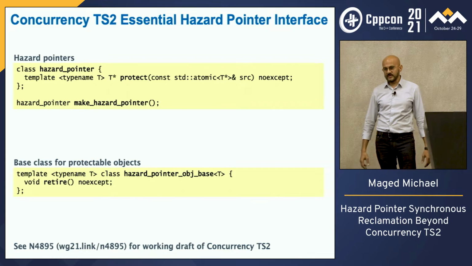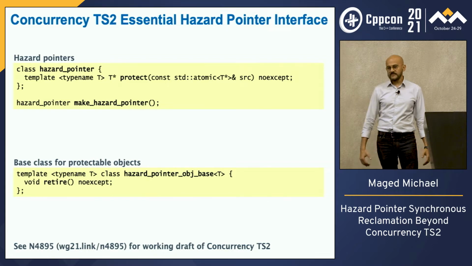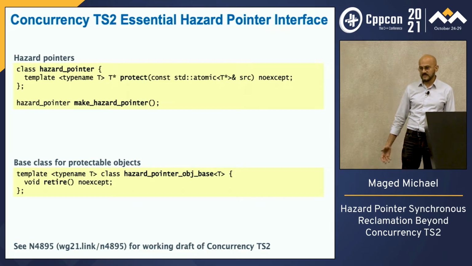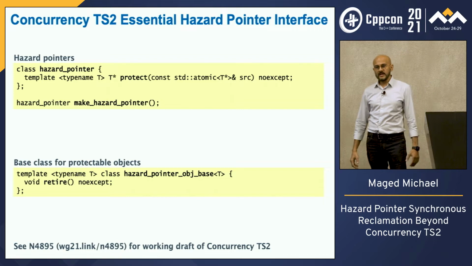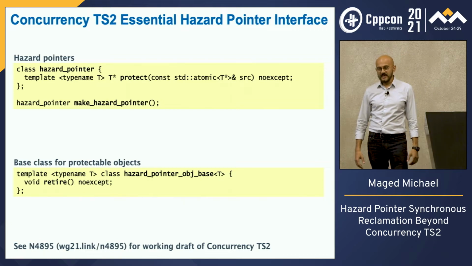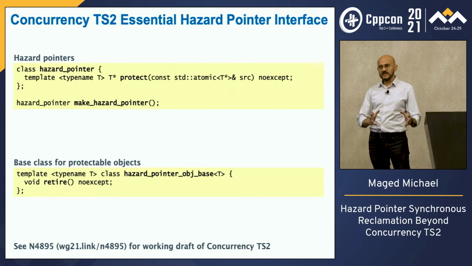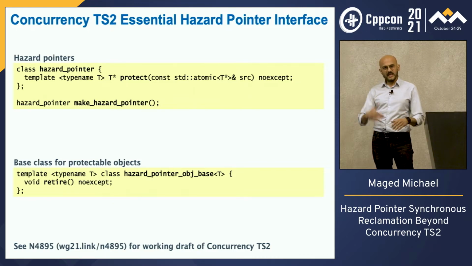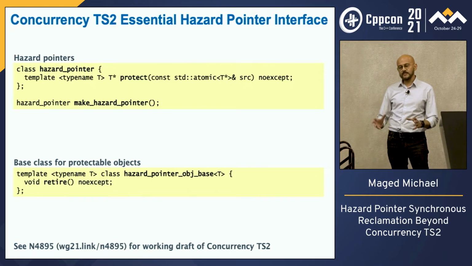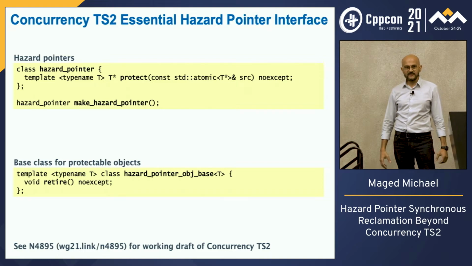As many of you know, the working draft for Concurrency TS2, the technical specification, has been submitted, and is going through the TS process. There's a larger interface for hazard pointers, but this is the essential interface. There's a hazard pointer class, and it has many members, but mainly protect is the main function.